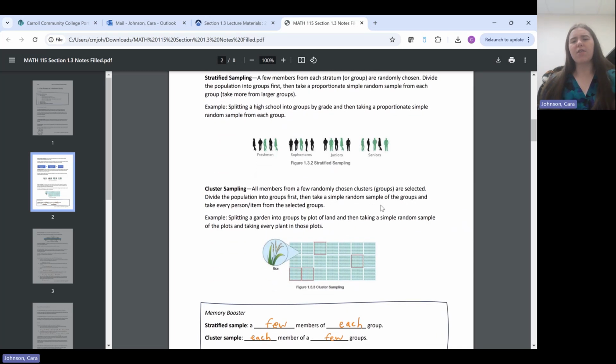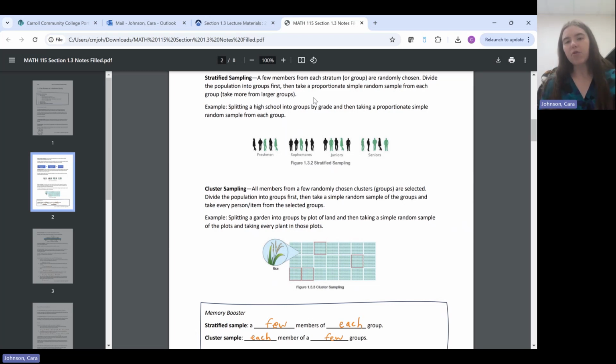So stratified and cluster sampling are very close. Stratified sampling is when you select a few members from each stratum or group randomly. The process of this is that you divide the population into groups. And then once they're in separate groups, you take a proportionate simple random sample from each group.